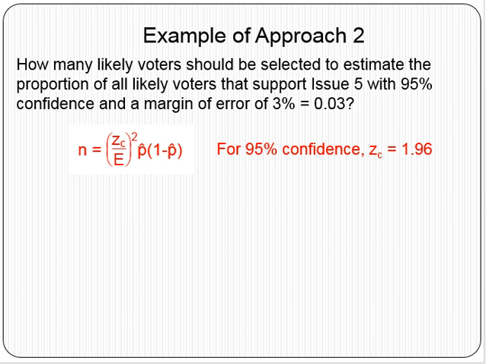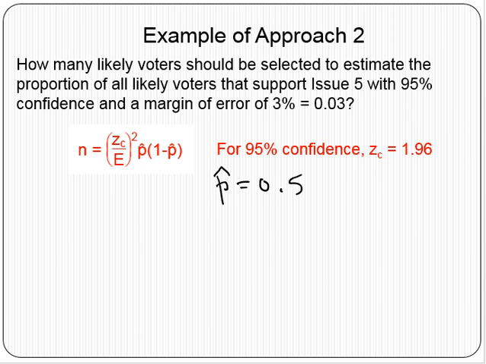In that case, since there's no other information that you have, we're going to say P hat is 0.5. We're just going to be as cautious as we can be.